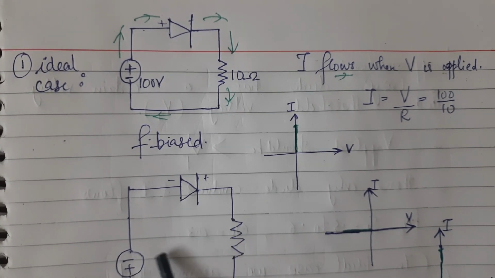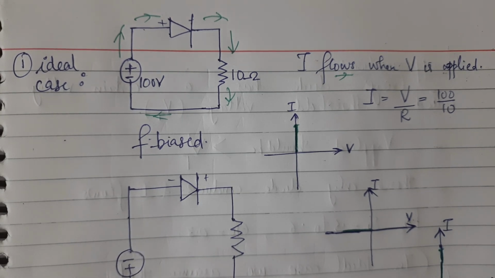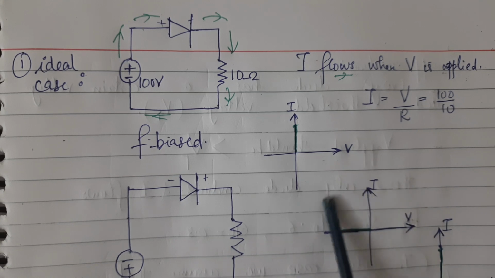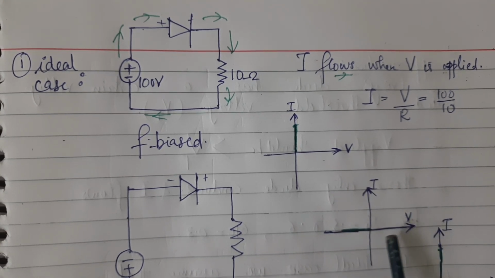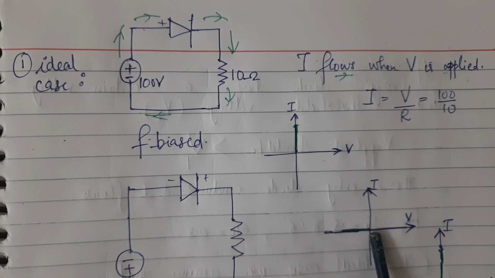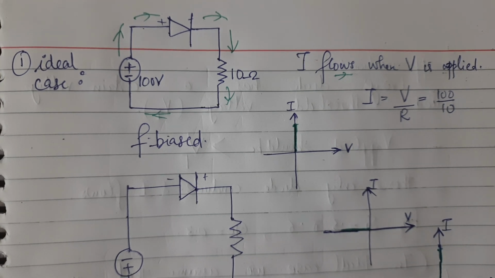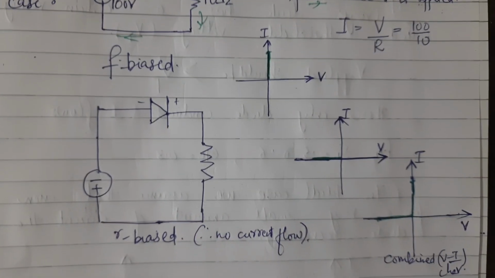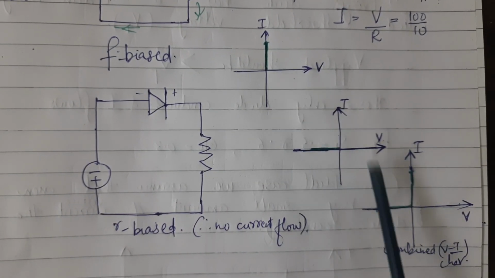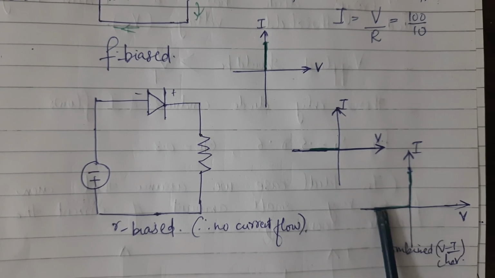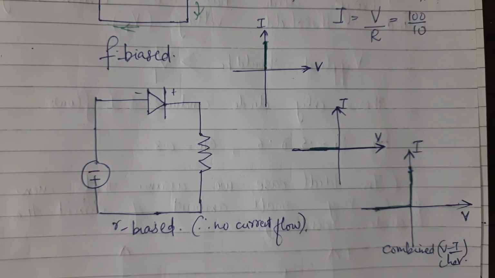In this case, the diode is in reverse bias and no current flow will happen. So the VI characteristics will be like this: we apply the voltage in the negative direction, and there is no current flow, just the voltage is increasing. Okay, and this is the combined VI characteristics of both forward bias and reverse bias. I hope it is clear.